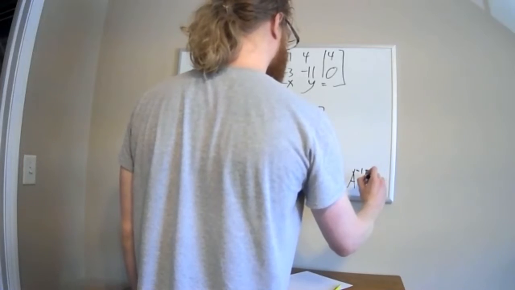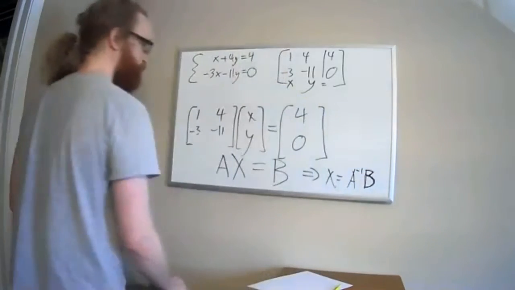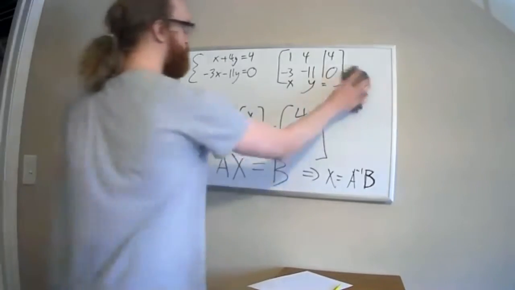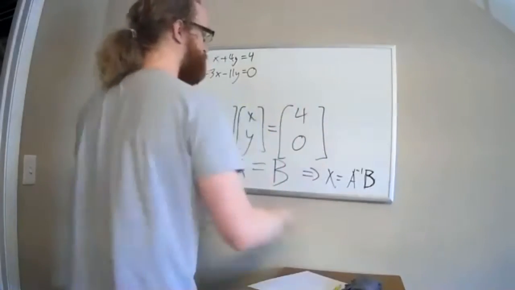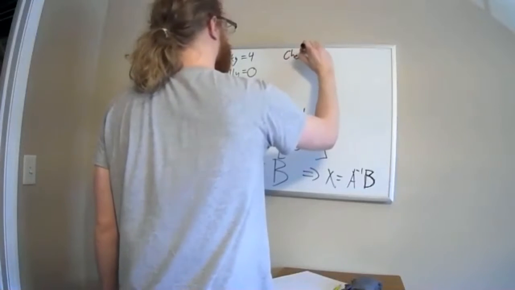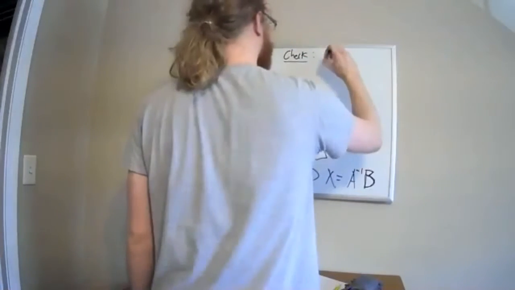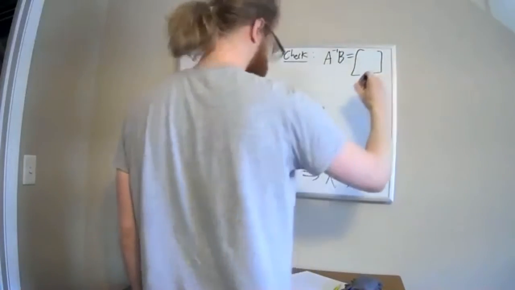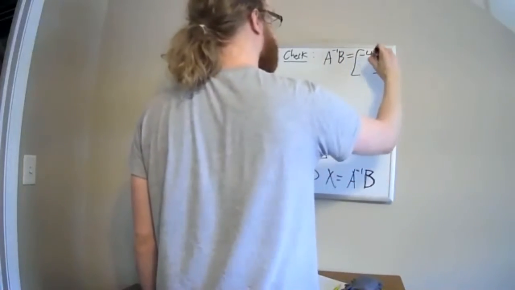X equals A inverse B. So what you might do is you should probably check that A inverse B equals the solution to this system of equations that we got. So that's negative 44 and 12.